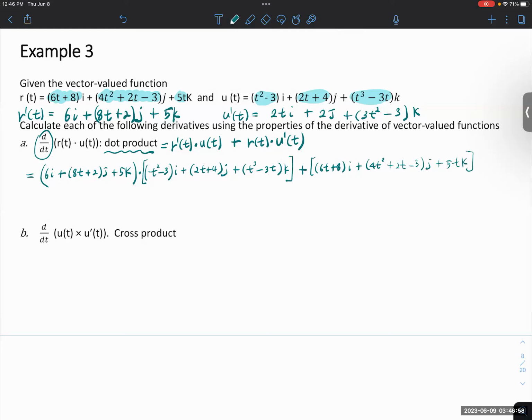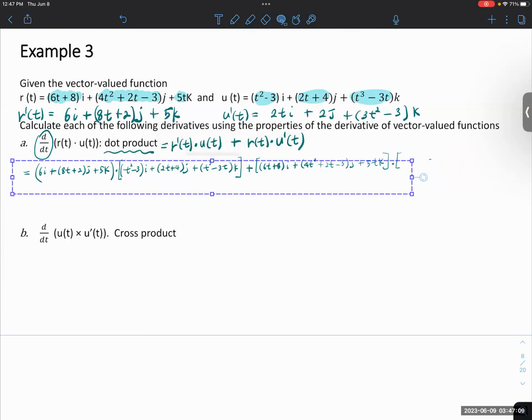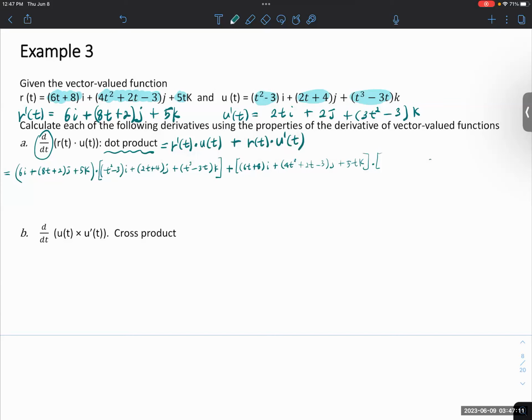And then what are you going to do? You're going to multiply with dot u prime. So we have a u prime right there. So I'm going to bring all the way down one more time. So u prime, which is 2ti plus 2j plus the 3t squared minus 3k.